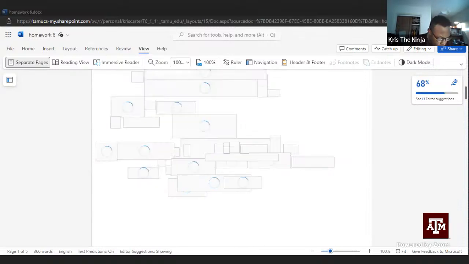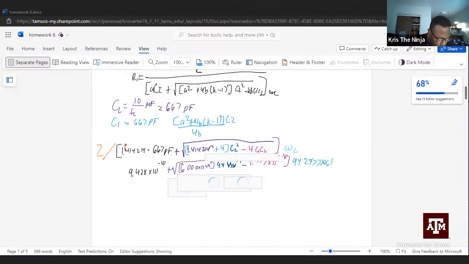And that is square rooted. So this minus this is the square root of 8.88894 times 10 to the minus 19th.